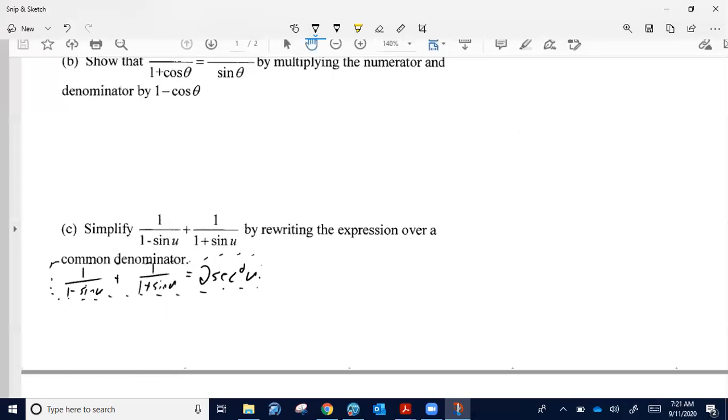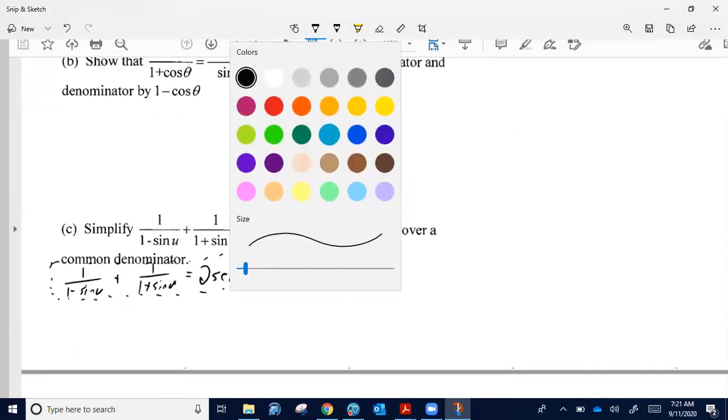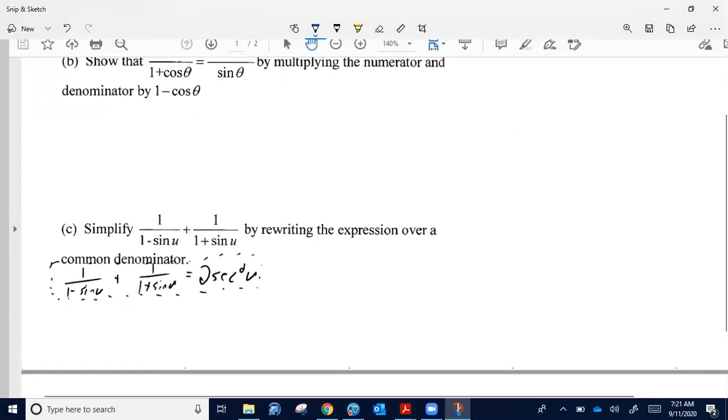And the useful hint here: notice the right side, our ultimate goal is one group, one term, one piece, but this left side has two separate fractions. So I need to somehow turn these two fractions into one piece. To make that happen, you have to have a common denominator.